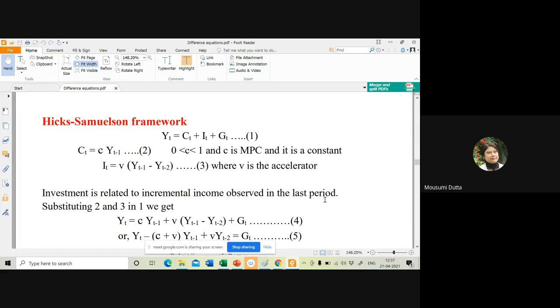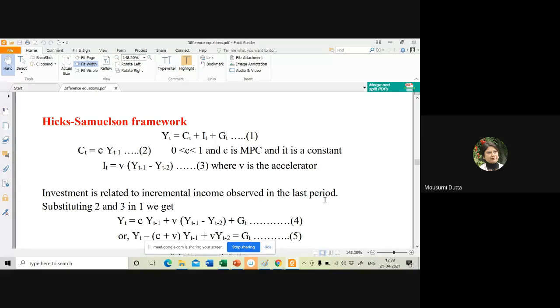In Samuelson's framework, we considered I_t as the difference between the consumption of the t and t minus 1 periods, and then when presenting the time path, we replaced all C_t and C_{t-1} in terms of Y's. In the Hicks model, investment is directly considered as a function of the difference in income in the t minus 1 and t minus 2 periods.